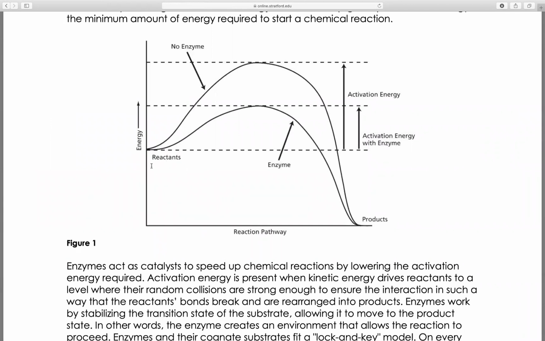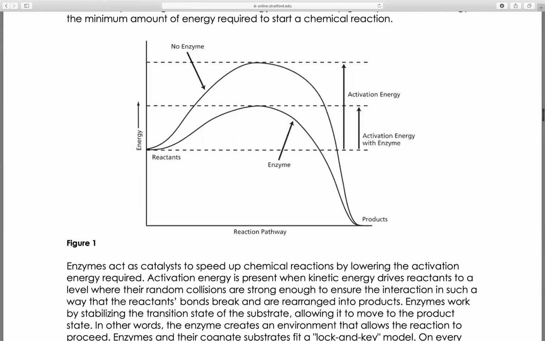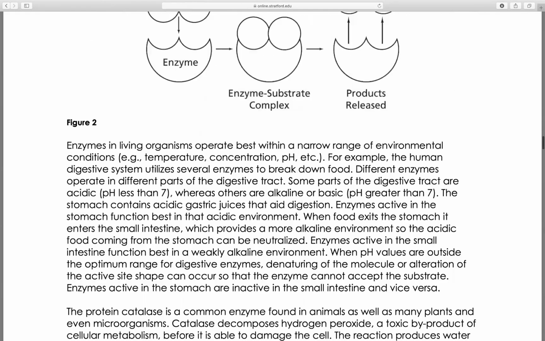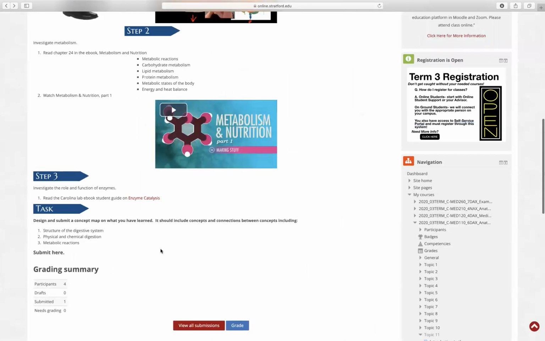I take my food or my reactants, I have enzymes that lower the activation energy to make my products. And what was my products? I need ATP, right? I need energy, okay? And this is essentially a repeat of week 2 notes, if you recall those notes from week 2.